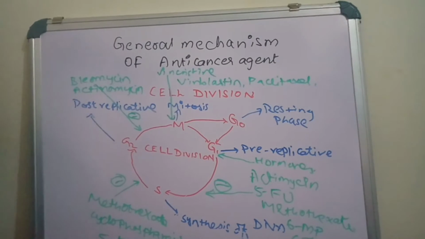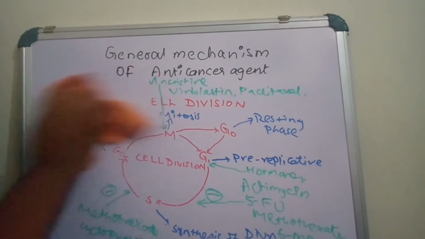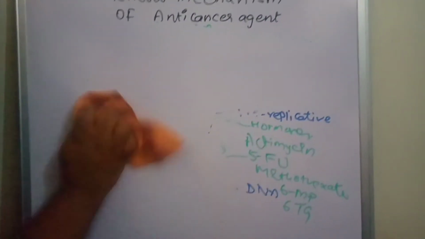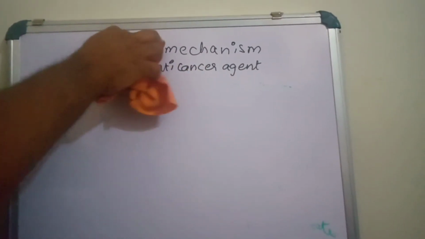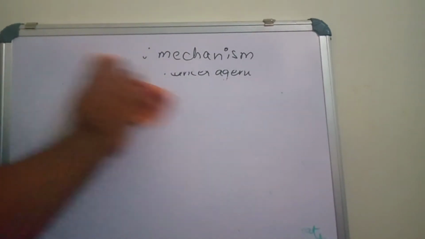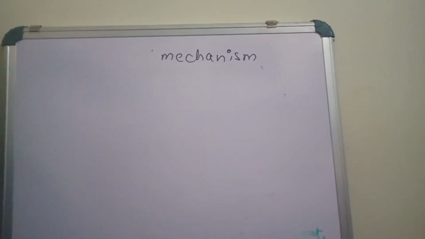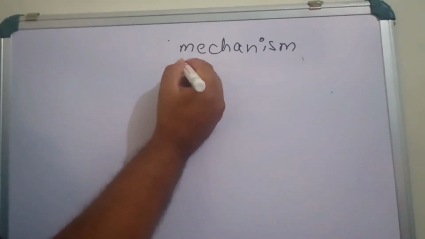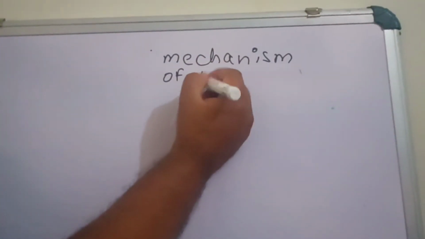Now let us move to the mechanism of alkylating agents. One by one we will come to know the mechanisms, but in this video I am going to explain only the mechanism of action involved in anti-cancer agents.